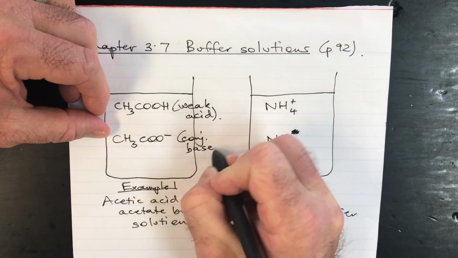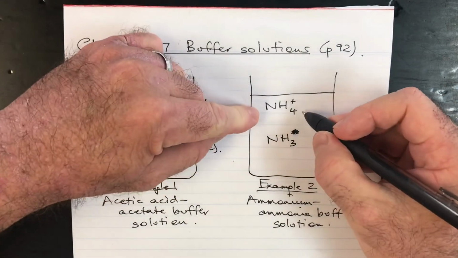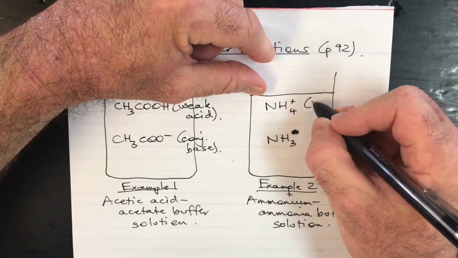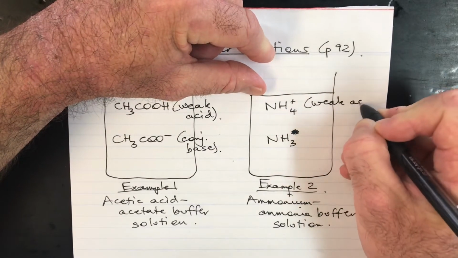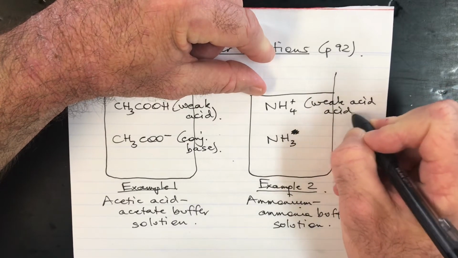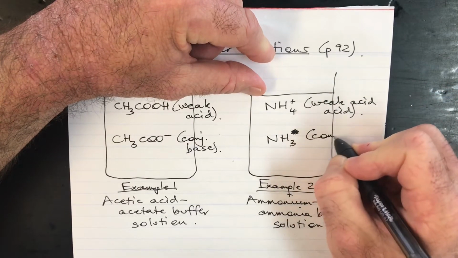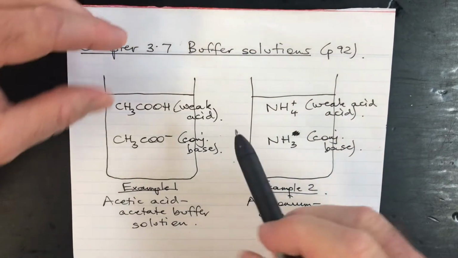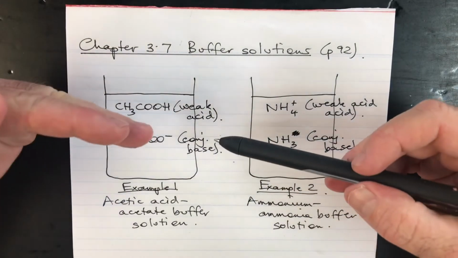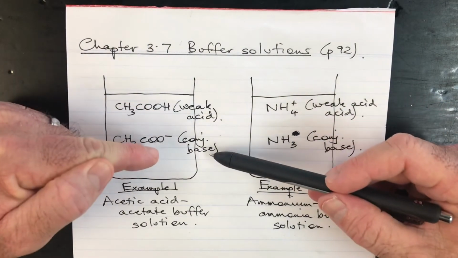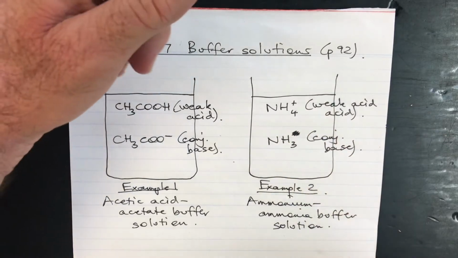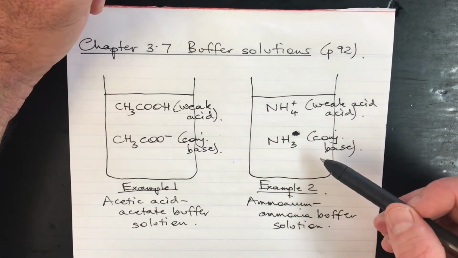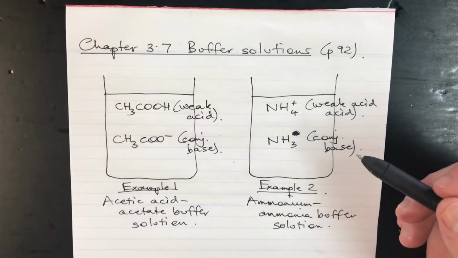In this second example, this ammonium ion is another weak acid, and its conjugate base. So all the buffer solution is made up of a weak acid with its conjugate base, or a weak base with a conjugate acid. I probably should have given you another example showing you that, but I didn't want to confuse you too much.